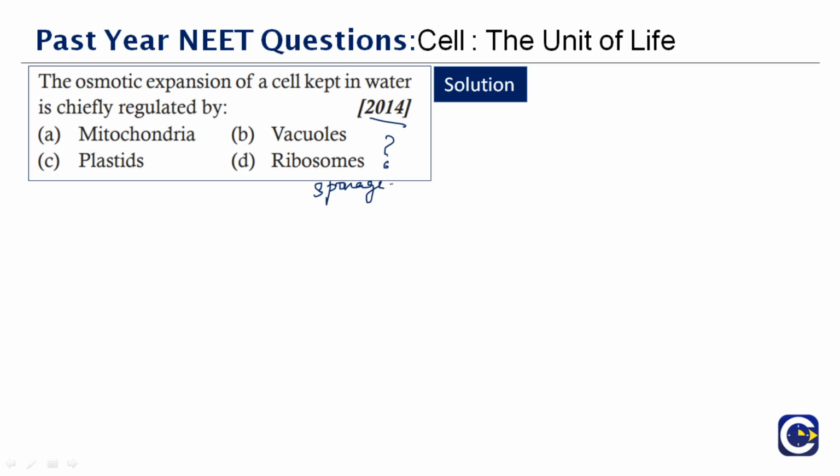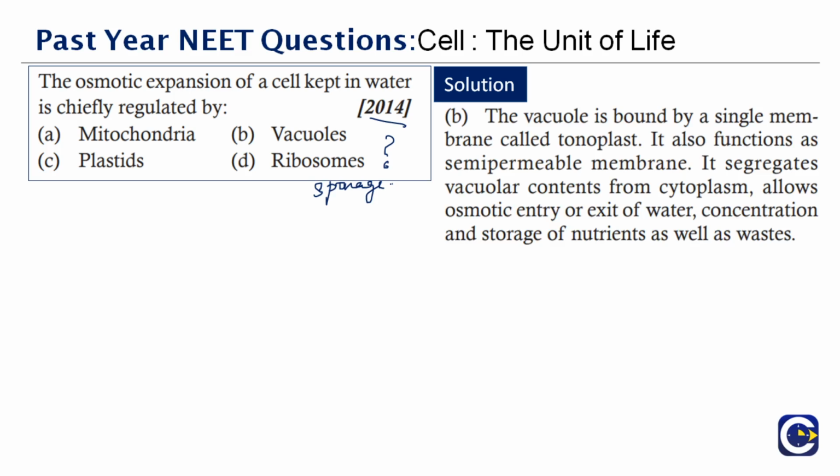What does a sponge have initially? It will have small holes in it where it will start to absorb water. Likewise, the osmotic expansion of the cell kept in water is chiefly regulated by the vacuoles that are present in it. As a sponge has small holes in it, these vacuoles are responsible for this expansion when it comes to a cell.